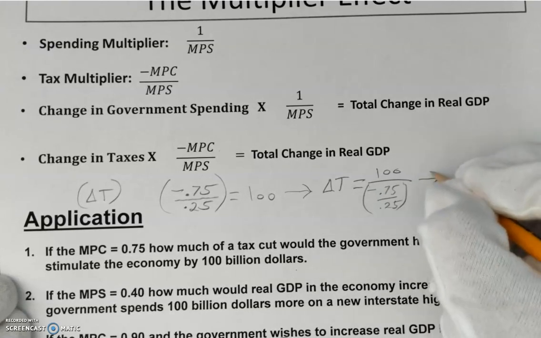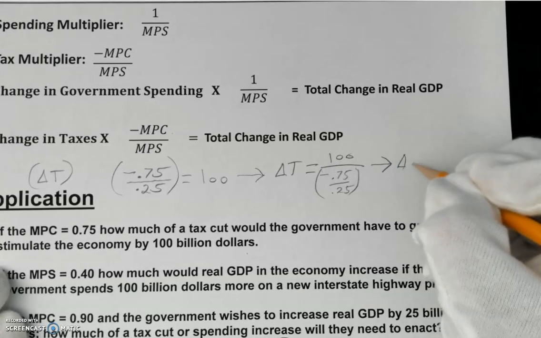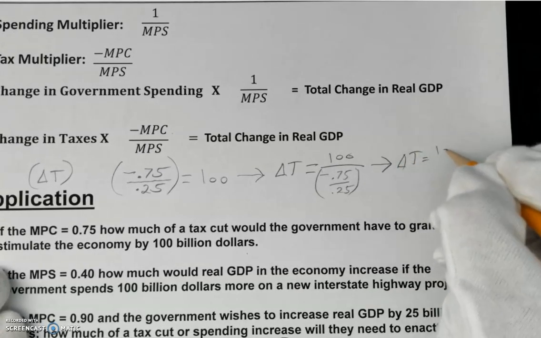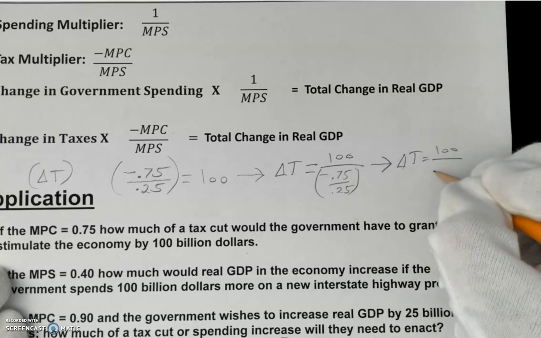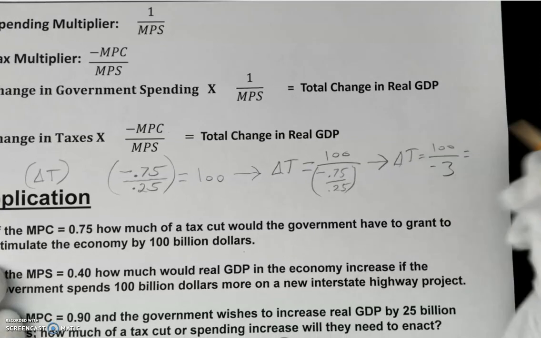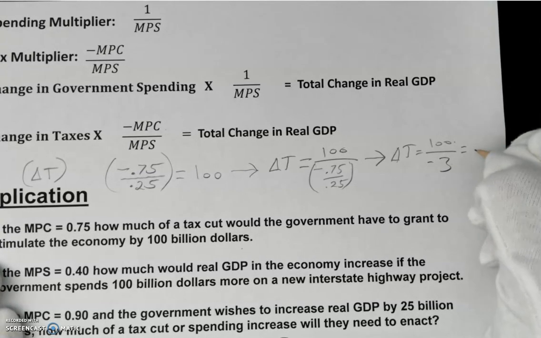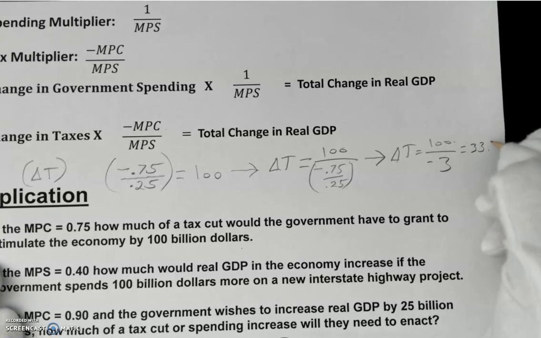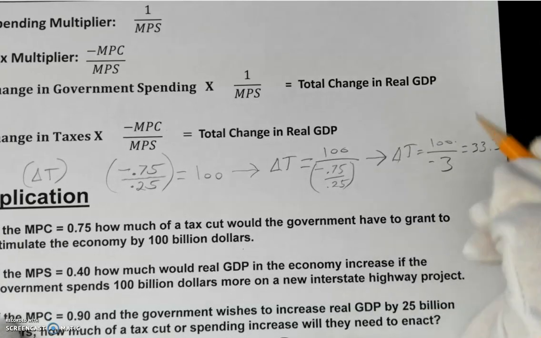Now, of course, negative 0.75 over 0.25 is negative 3. So that leads us to the change in taxes is equal to 100 divided by negative 3, which is 33.3. In other words, I'm sorry, I should correct that.